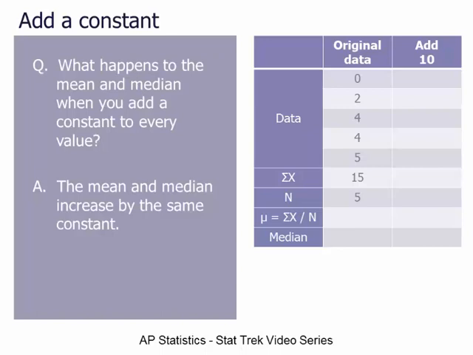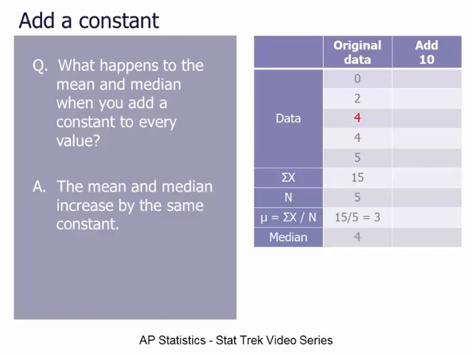With that info, we can compute the mean, which is sigma x divided by n, or 15 divided by 5, which equals 3. We also want to find the median. The median is the middle value in an ordered set of values. In this example, the middle value is 4. So the median is equal to 4.